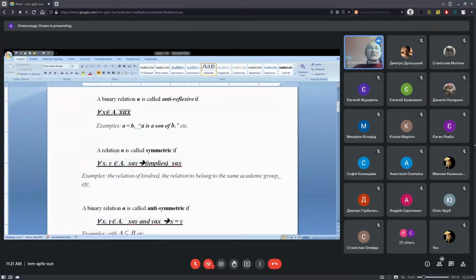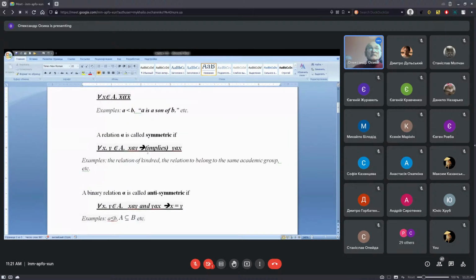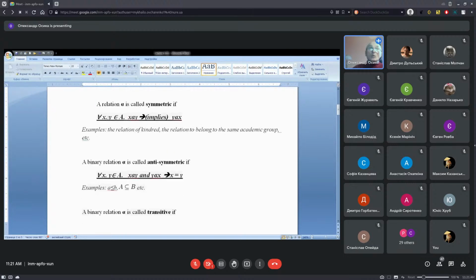A relation alpha is symmetric if for every x and y, the fact that x is in relation alpha to y implies that y is also in the same relation to x. For example, if x is a relative of y, then y is a relative of x, and so on. If this is true, then this must be true for a relation to be symmetric.